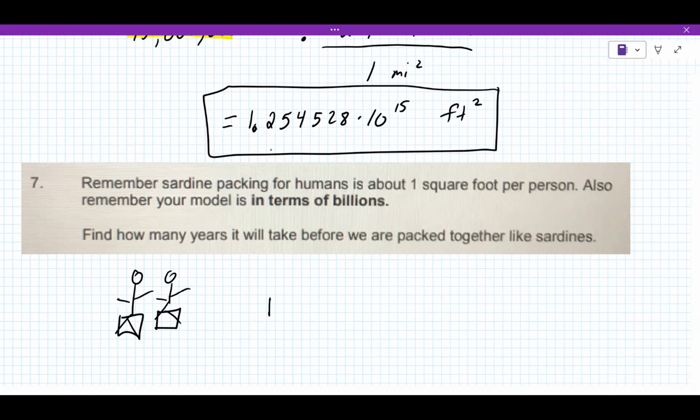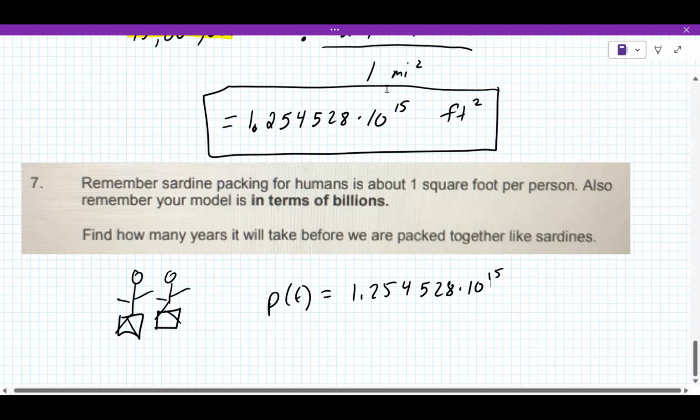So they're asking, when does your model P of T equal 1.254 times 10 to the 15? When is the population that many people? Okay, so we got to go back to our equation.